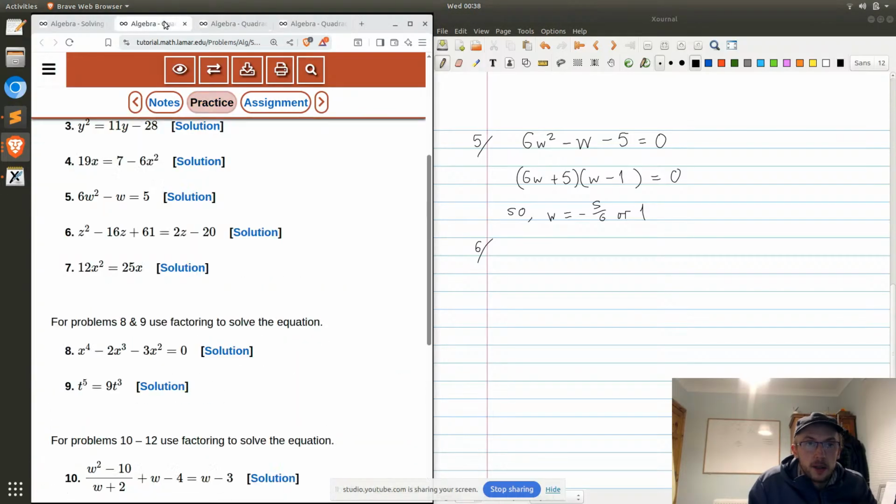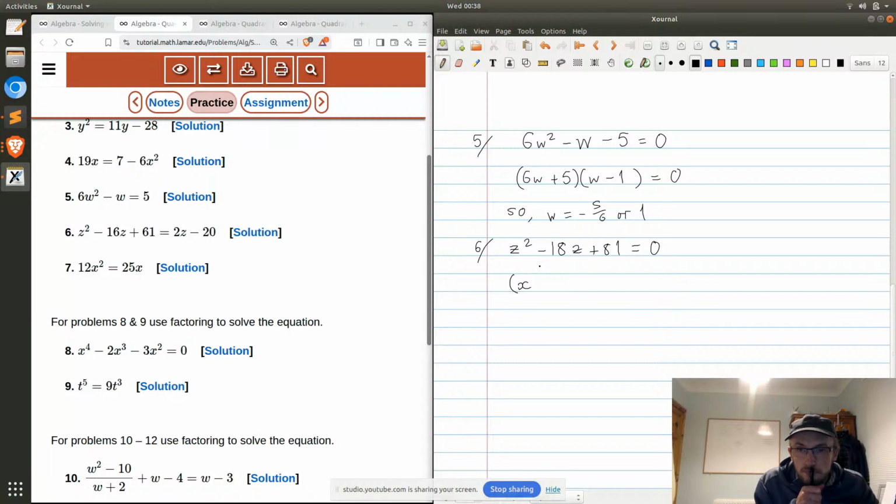Oh, whoops. Hello. That's nearly looked. Okay, so z squared minus 18z plus 81 is equal to 0. And now what? x minus 9 all squared is equal to 0.